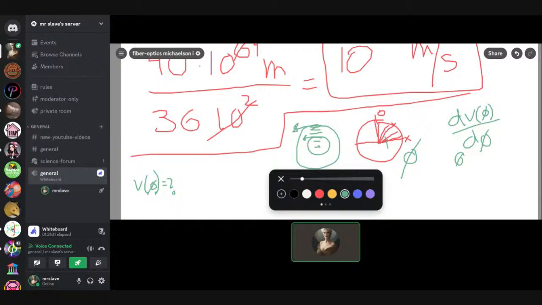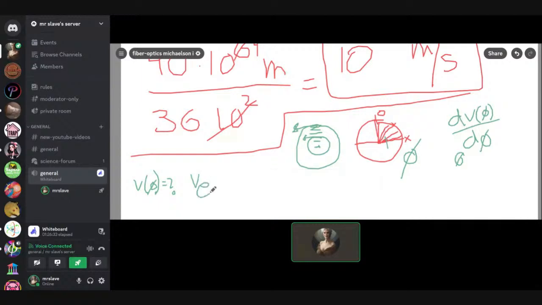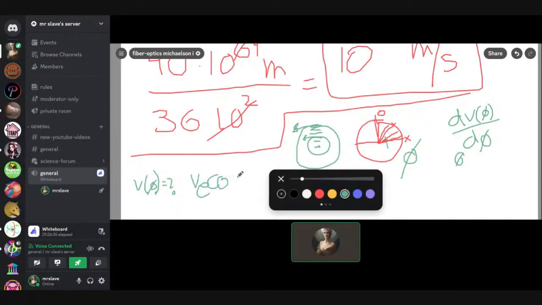If it's sine phi, in the beginning phi is 0, so sine phi is 0. So maybe it's cosine. Cosine is the full value at the beginning, and at the end, it's 0. So it's probably cosine phi. It's the velocity at the equator times cosine phi, I'm assuming.